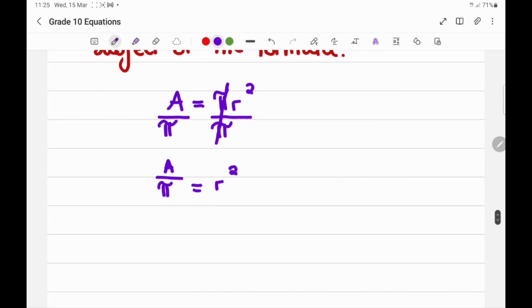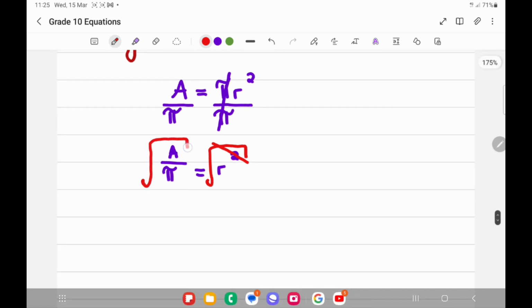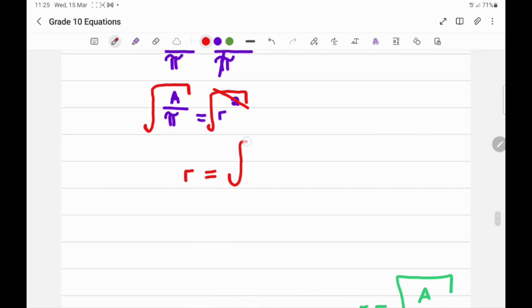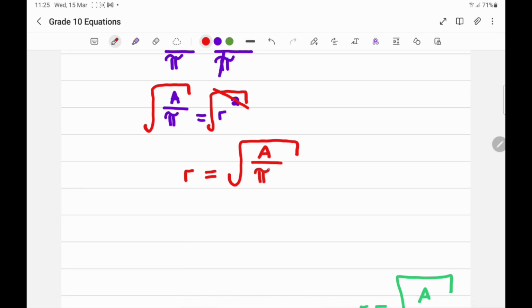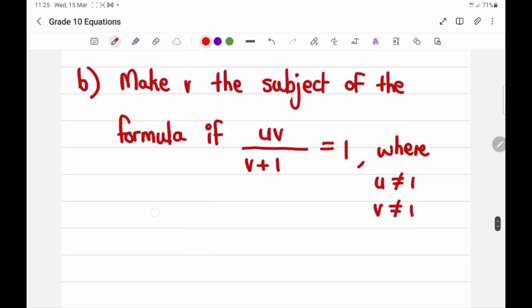How can we get the square away? By square rooting, and then the 2 will fall away and we have r then alone. But what we do on the one side we have to do on the other side. So r is equal to the square root of A over pi. Not so bad, hey? Easy peasy.